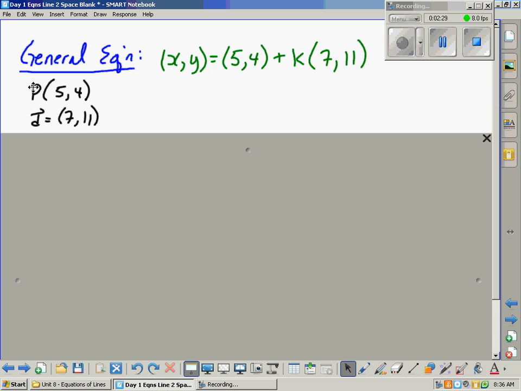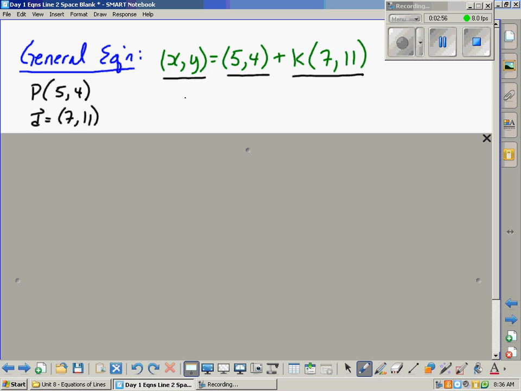This does the same thing, except it does it for every coordinate instead of just a single x or a y. So you'll see this xy here, it represents any point on this line. And you're saying any point on the line can be found by starting with this base point, 5, 4, and then moving through some scalar multiple of the direction vector.